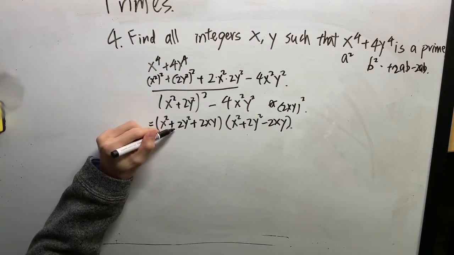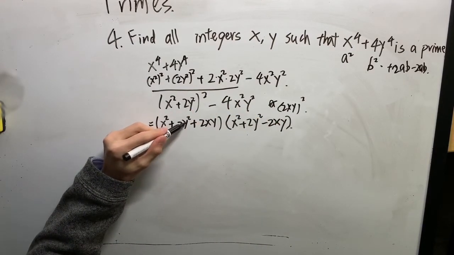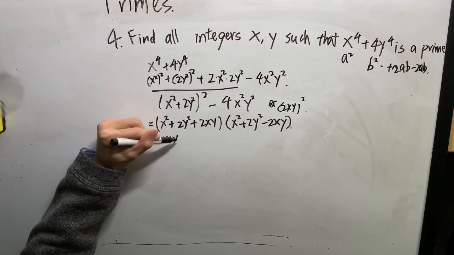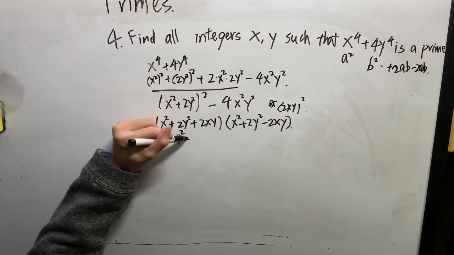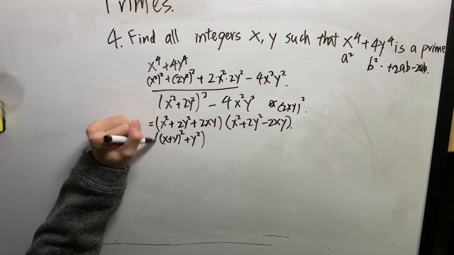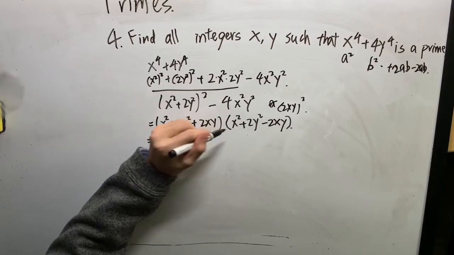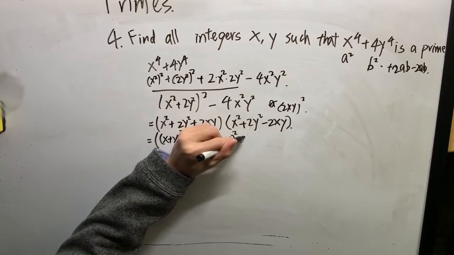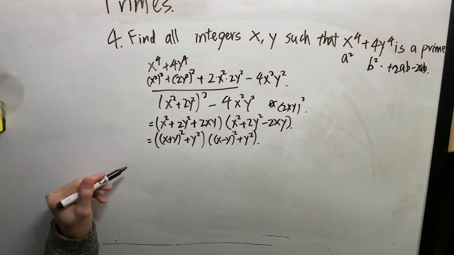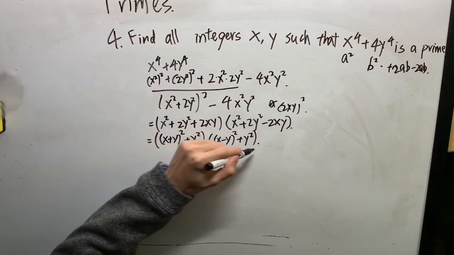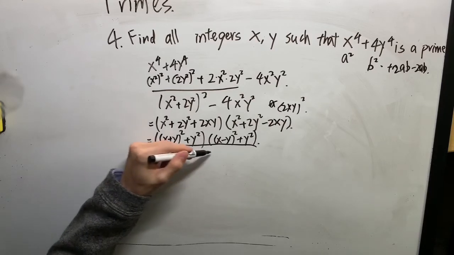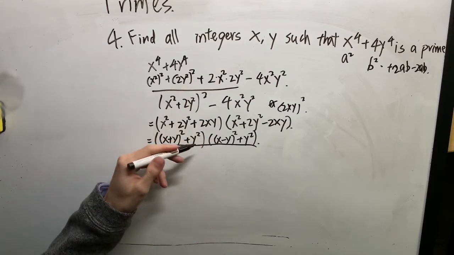And you can take one y squared out of the 2y squared to make it ((x plus y) squared plus y squared), and this is ((x minus y) squared plus y squared). Thus, the question becomes, find all x, y such that this number is a prime.